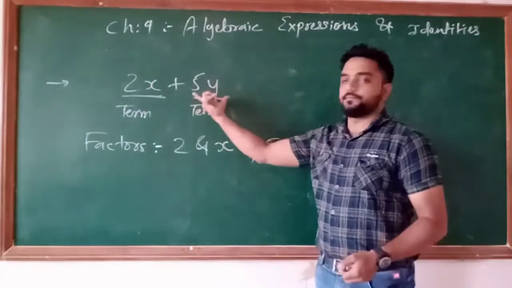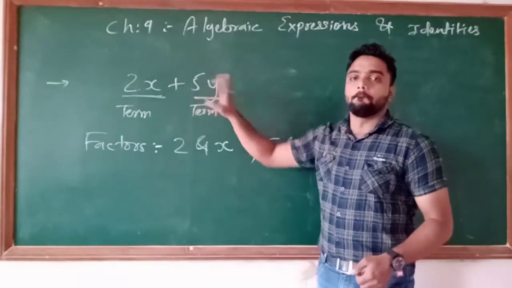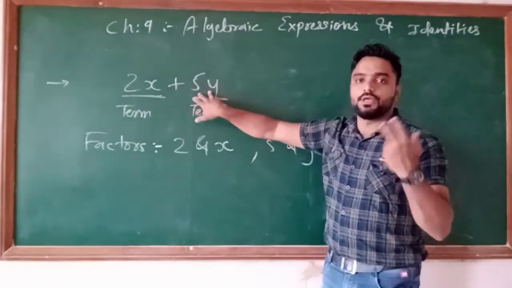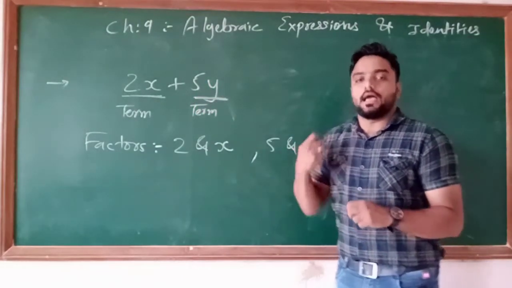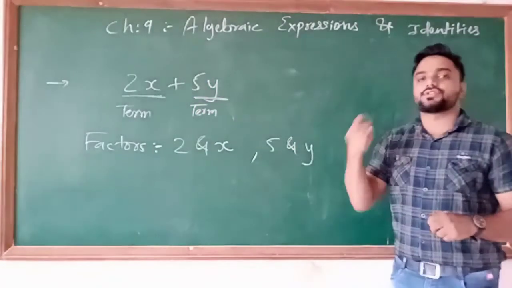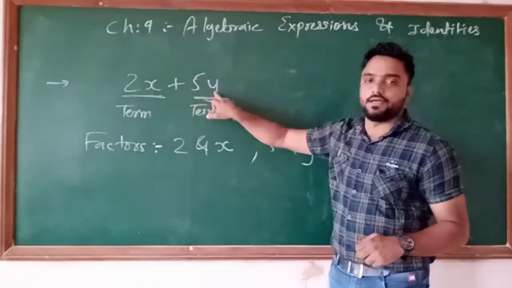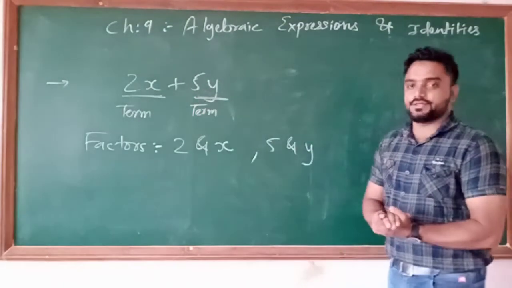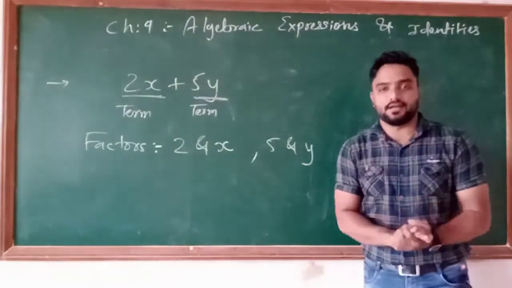Because in the second term, between 5 and y there is multiplication. Within a term, between the known value and the unknown value there will be an operation, that is multiplication. So here 5 and y both are considered as the factors.